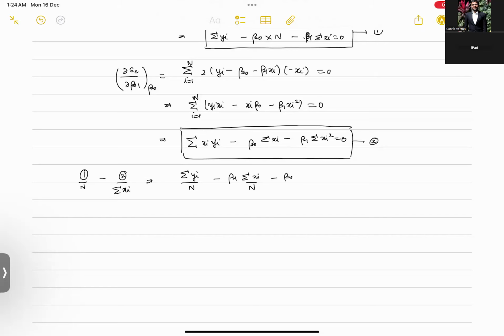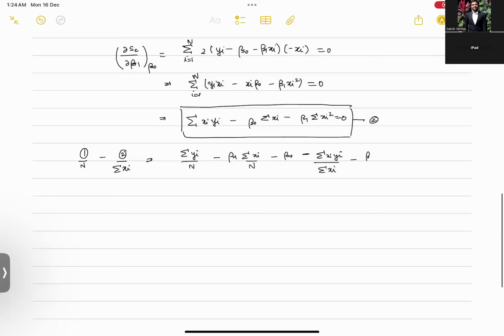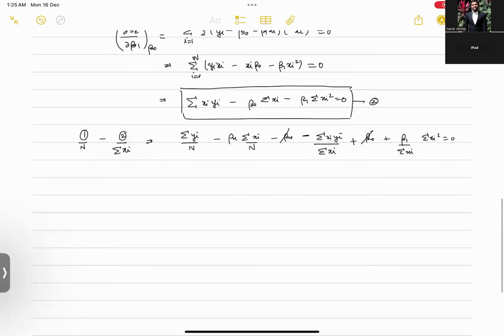minus beta naught from the first equation. And then we are subtracting the second equation. So minus summation xi yi by summation xi minus beta naught. So this would be minus into minus, that is plus. And similarly, plus beta 1 by summation xi into summation xi square is equal to 0. And beta naught and beta naught get cancelled.